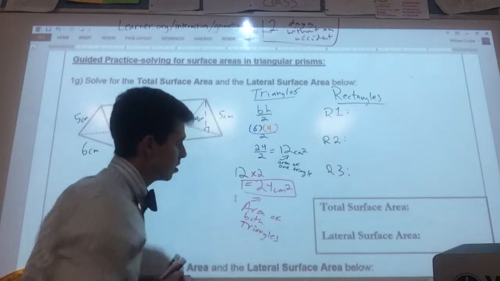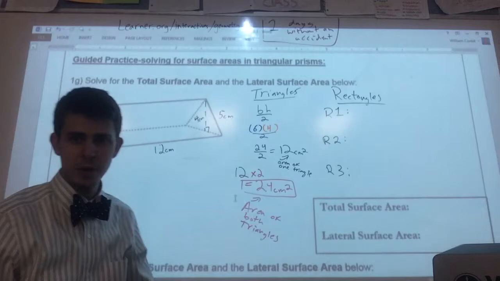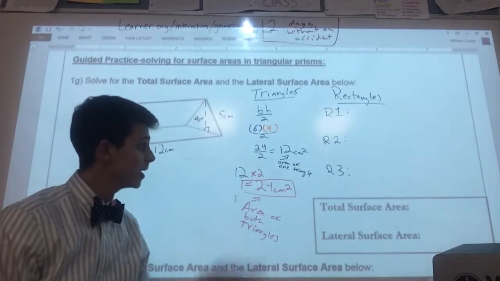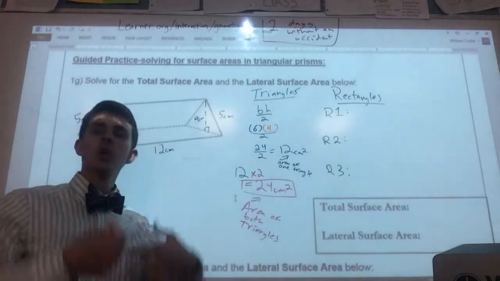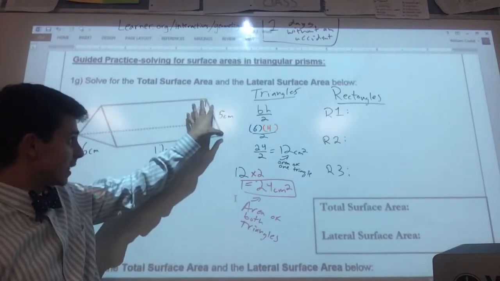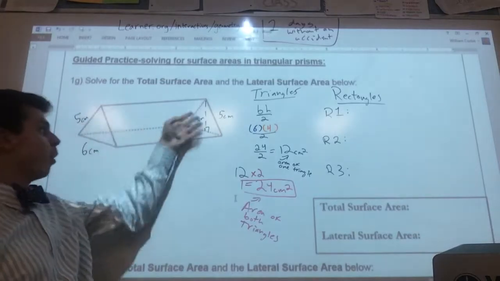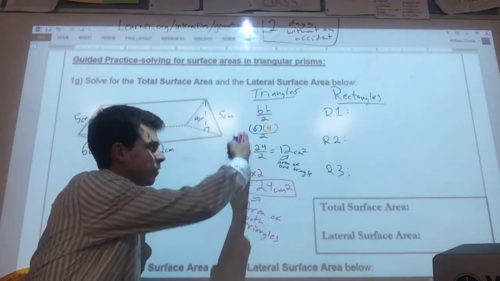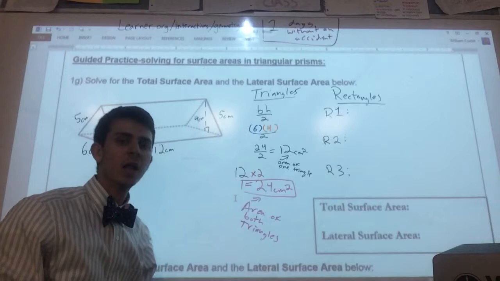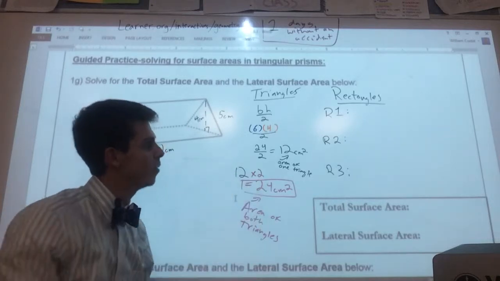Now one thing that you might notice is, Mr. Corbett, you divided by 2 and then you just had to multiply by 2 again. Well, yes, I did the whole process to hopefully show you that we're going to divide by 2 to get the area of one triangle, and multiply by 2 to get both. But if you'd like to go straight from here to here, you may, knowing that you're just going to multiply by 2 in the end. Okay, so we're halfway done.